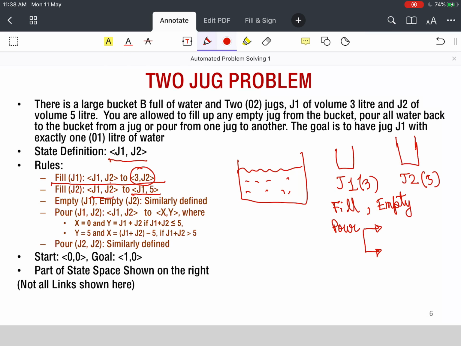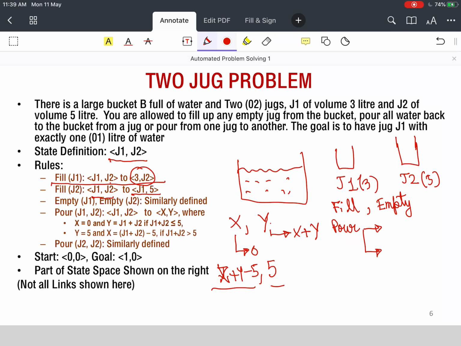If J1 is X and J2 is Y, then either J1 will become 0 and the total amount of J1 will go into Y, which means this becomes 0 and this becomes X plus Y, or this becomes 5 and this becomes X plus Y minus 5.